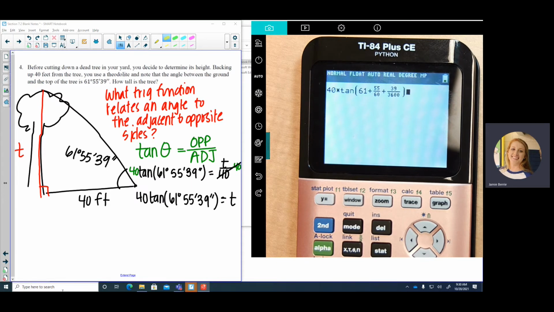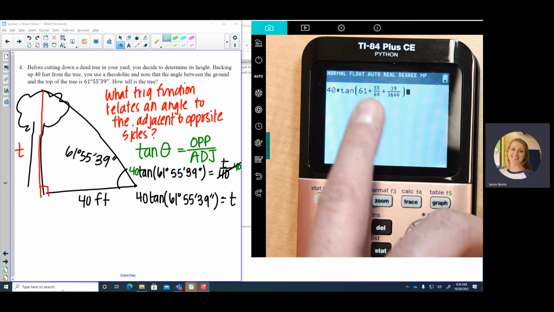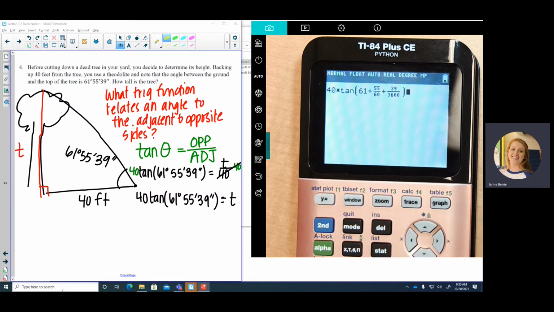I waited until the end to do that conversion because I didn't want to round in the beginning and mess up our answer. That's why I waited to the very last step to convert to decimal notation, so I avoid any rounding mistakes.